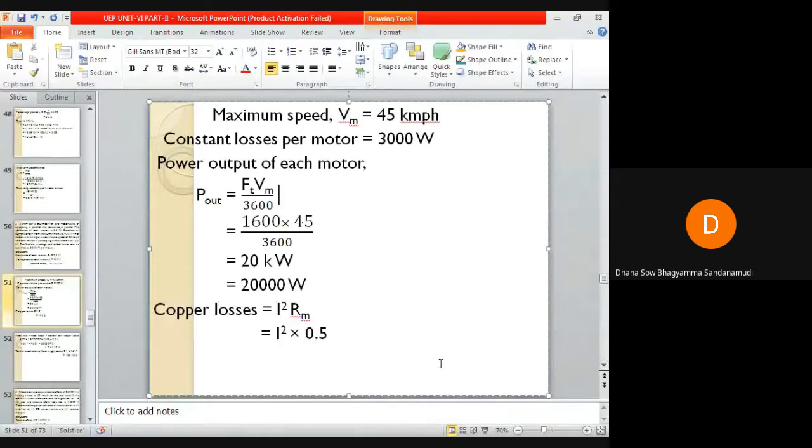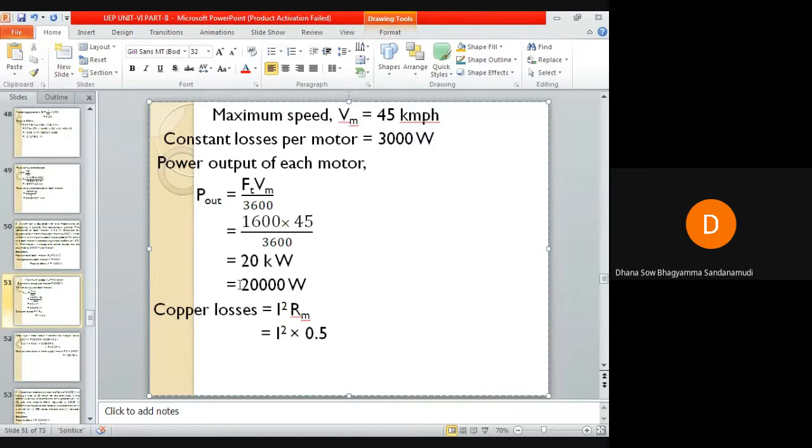Of course, we are unable to determine the copper losses because we don't know the current. But copper loss is equal to 0.5 I squared. I can write that, and I have constant losses per motor, that is 3000 watts, and I have output power for each motor, that is 20,000 watts.